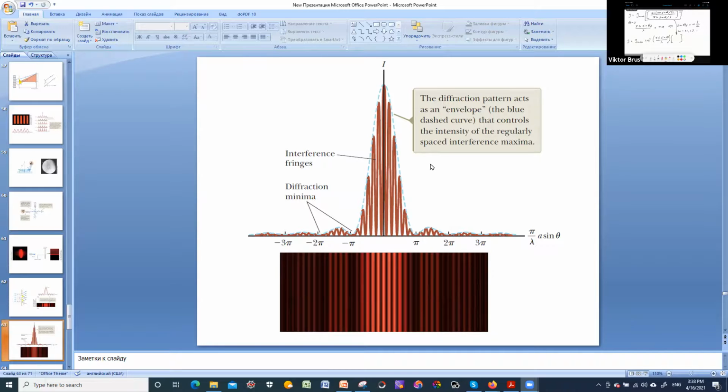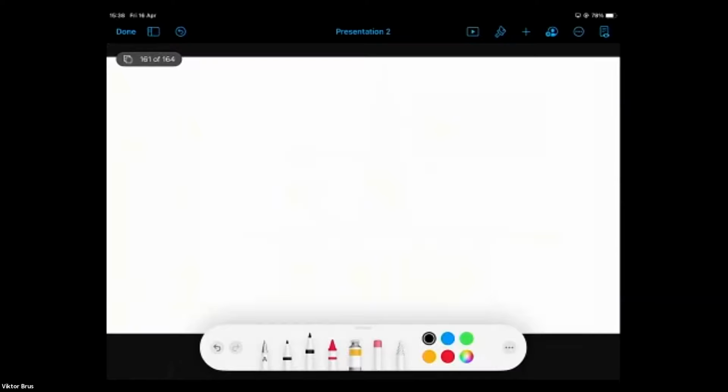So let us consider this case. We know that the interference maxima for two slits are given by d times sine theta equals m times lambda. Then we have a condition for the first diffraction minimum.